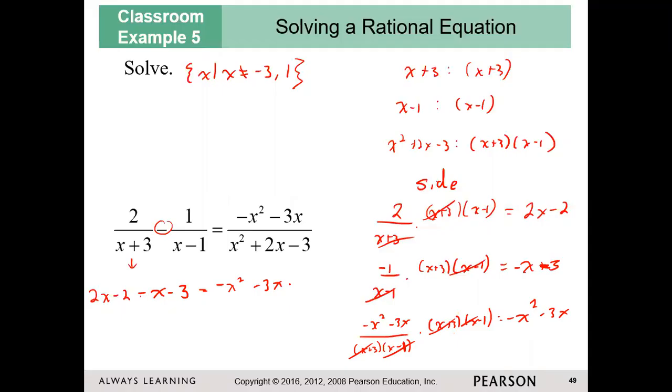And we're in a little bit of a pickle this time because we have this x squared term here, and there's no way that that x squared term is going to go away. So one of the things that I'm going to want you to really start to realize now is that anytime you have a quadratic, and we know we have a quadratic because we have an x squared term, the only way that we know how to solve quadratics at this point in this class is to set it equal to 0 and factor.